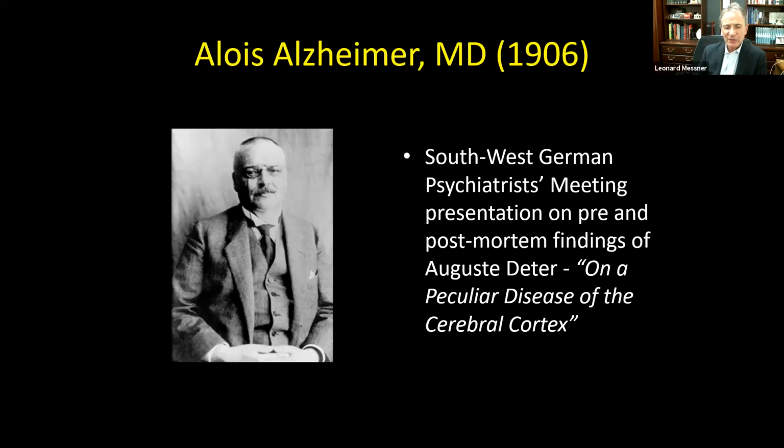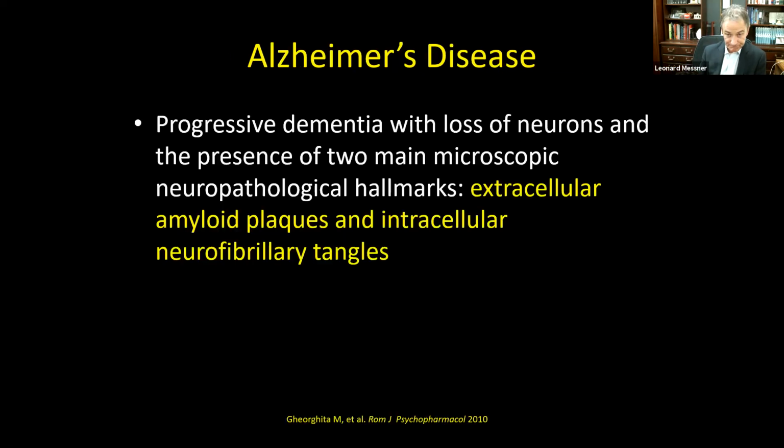Upon inspection, he found rather interesting findings of general loss of cerebral volume, as well as deposits within the brain that subsequently have been identified as a combination of both what we now think of as the beta amyloid plaques, as well as the neurofibrillary tau tangles that are the hallmark of Alzheimer's dementia.